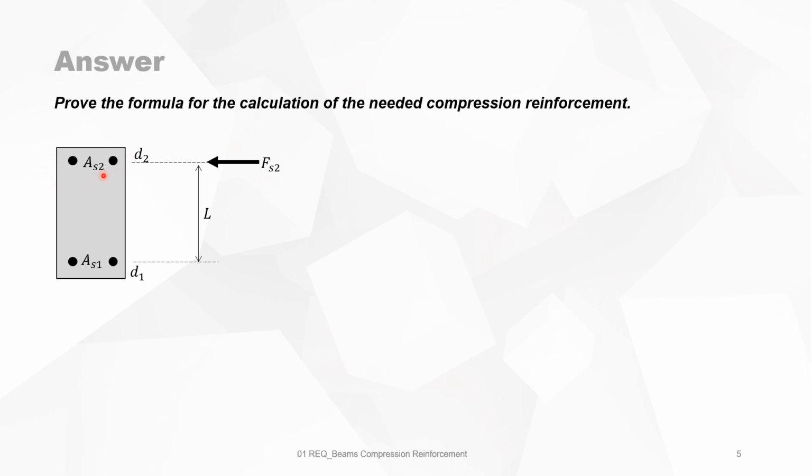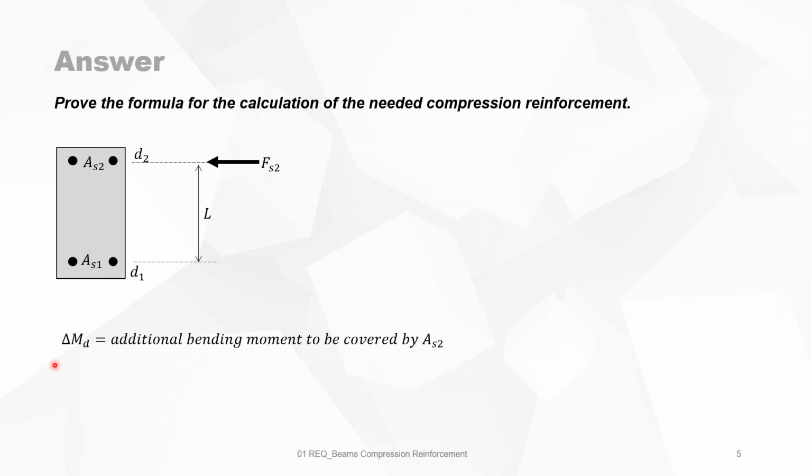The position of A_s2, or the point of gravity, is d2, and the point of gravity for the reinforcement in tension is d1. The difference in distance, I call it l, and the total force coming from the compression reinforcement is F_s2.